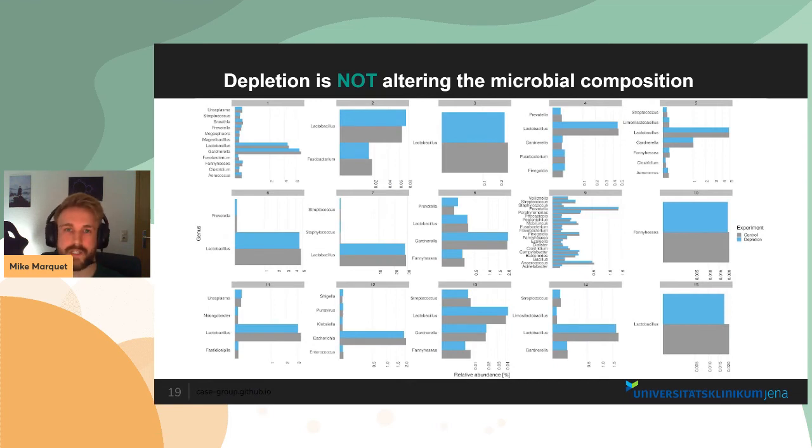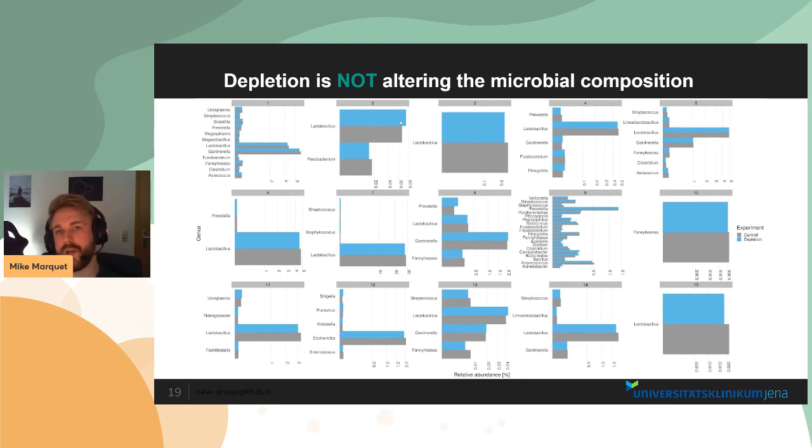When we do metagenomics or metagenomic sequencing, we want to represent the composition of the microbial sample as close to real life as possible. And that's why we compared the genus of the samples in our control experiments, which you can see here in gray, and in the depletion experiments, which you see here in blue.